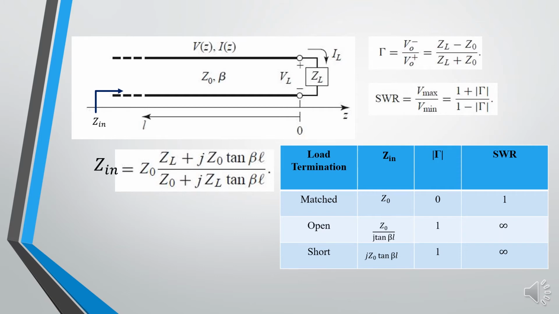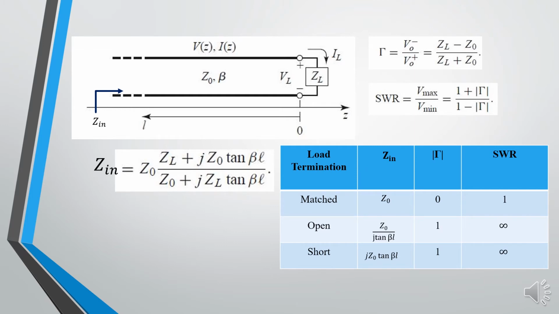And the standing wave ratio becomes equal to 1. That means there is no reflection, only transmission happens during matched termination.